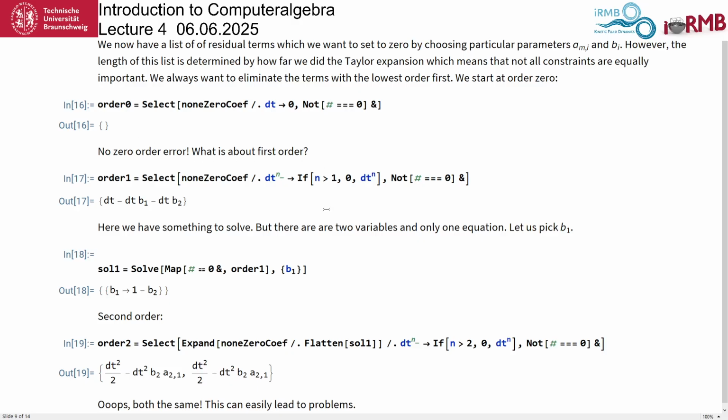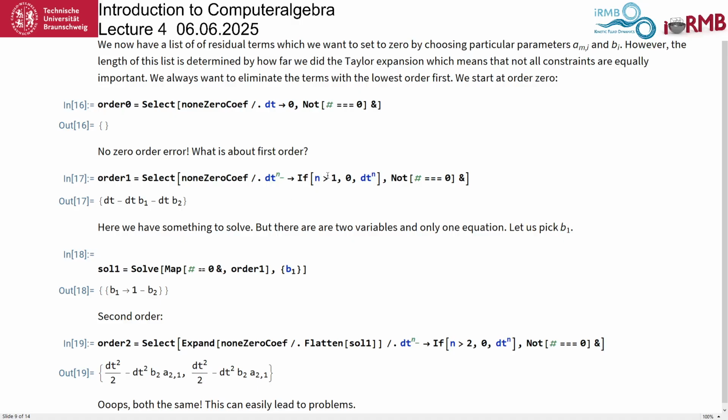So then what we do is we go through order by order, and it can be done in different ways. The way I did it here was I take order 0, I take my non-zeros, and say that delta t to the power of n is replaced.